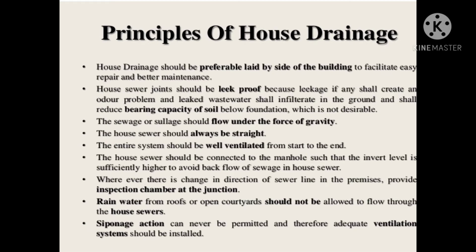Next point, rainwater from the roof or open courtyards should not be allowed to flow through the house sewers. Siphonage actions can never be permitted, and therefore an adequate ventilation system should be installed. These are the very important points for providing the house drainage system.